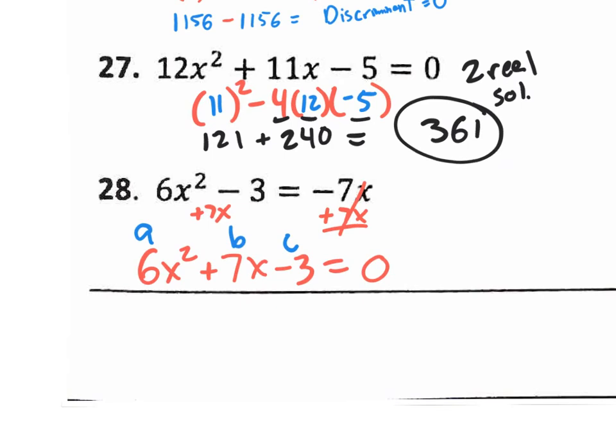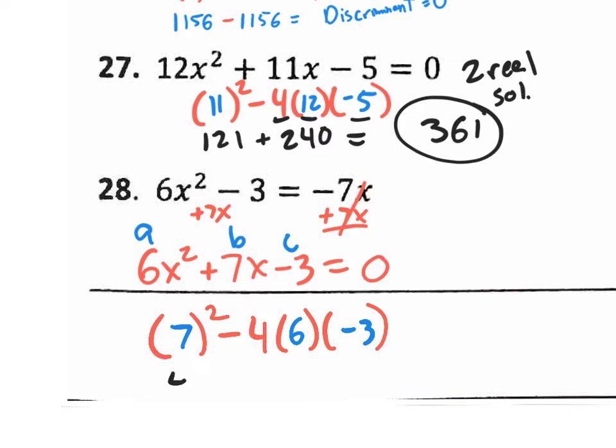So now let's plug it into that b squared minus 4ac. b squared minus 4 times a times c. Again, this is the value inside the square root of a quadratic formula. So the b value is 7. A value is 6, c value is negative 3. When you do this math, hopefully use a calculator, 49 plus 72.